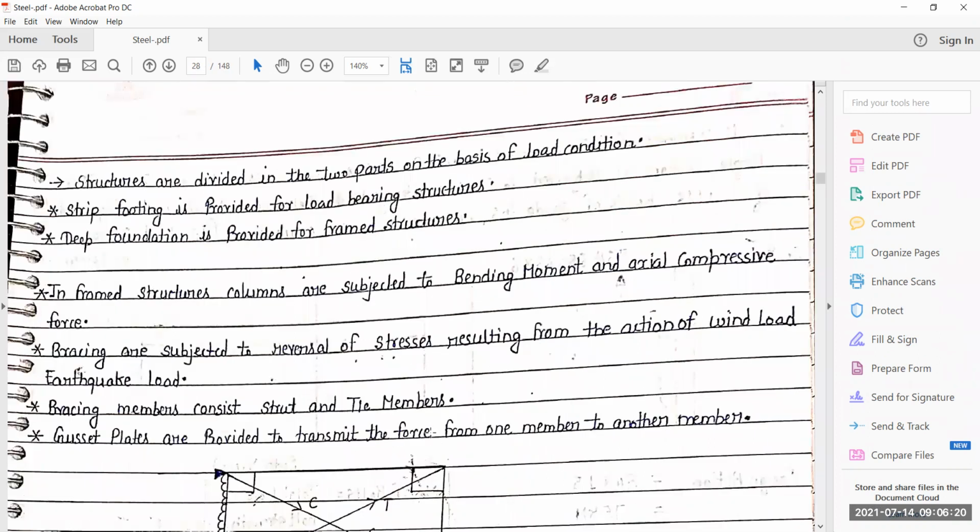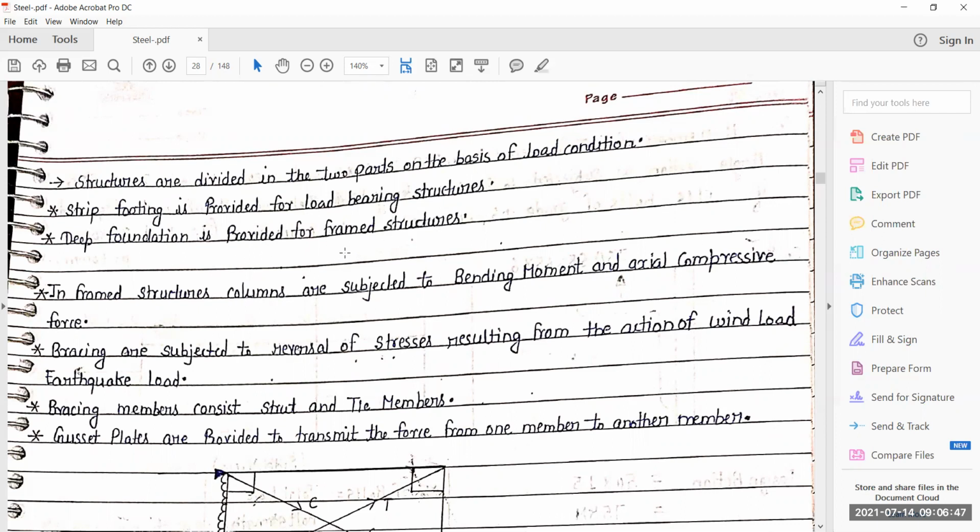Then the structures are divided into two parts on the basis of load condition. Steel footing is provided for load bearing structure.